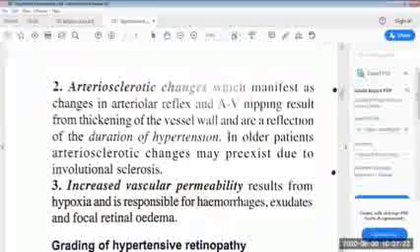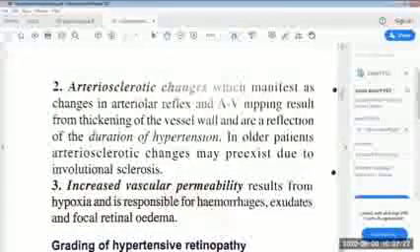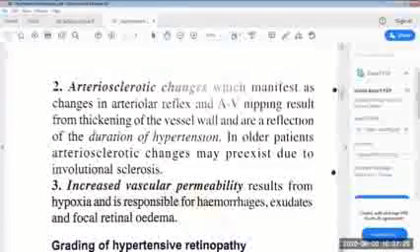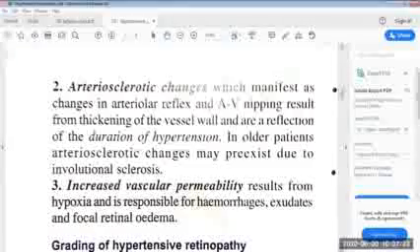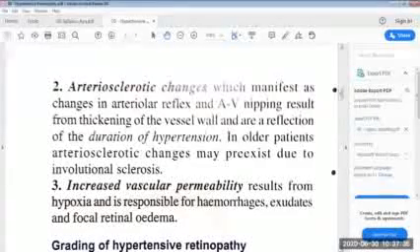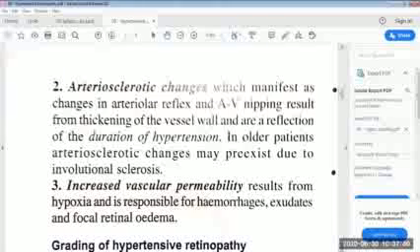Then the second factor is the arteriosclerotic changes, which manifest as changes in arteriolar reflex and AV nipping. They result from thickening of the vessel wall and are a reflection of the duration of hypertension.